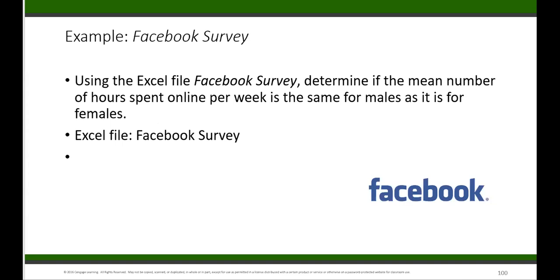We want to see if the mean number of hours spent online on Facebook is the same for males as it is for females. So we basically want to compare two population groups, the mean number of hours spent online on Facebook for two independent population groups, males versus females.